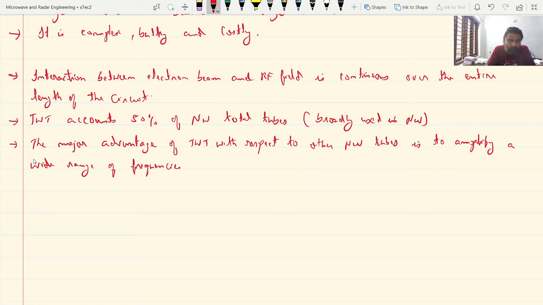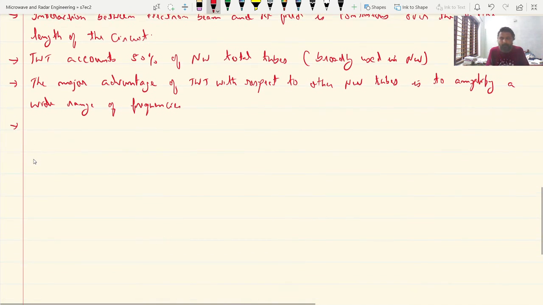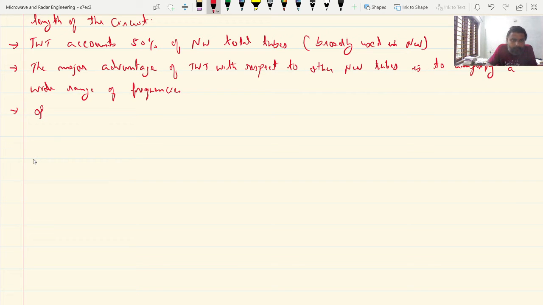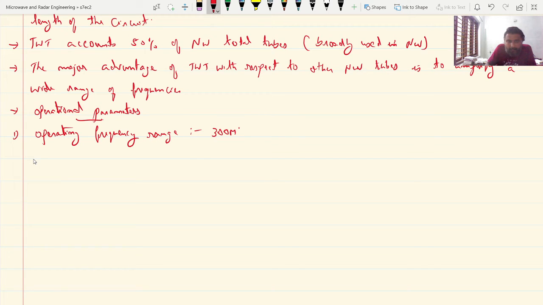Next, the important things I have to indicate are some of the operational parameters of the traveling wave tube. The first operational parameter is the operating frequency range, from 300 megahertz to 50 gigahertz.